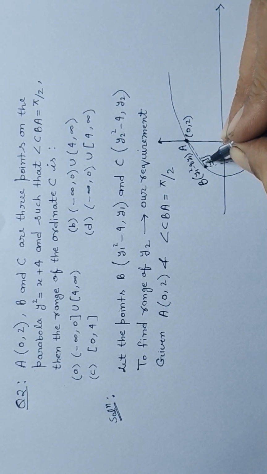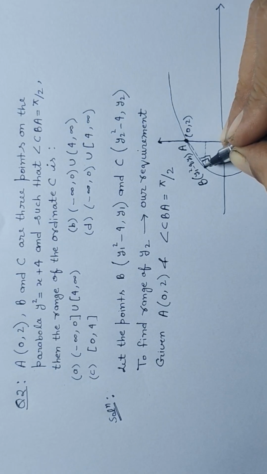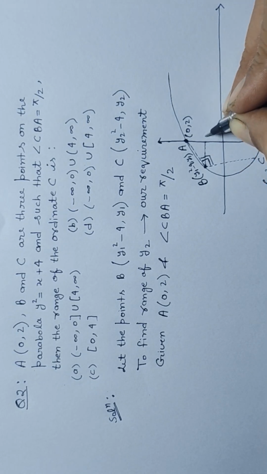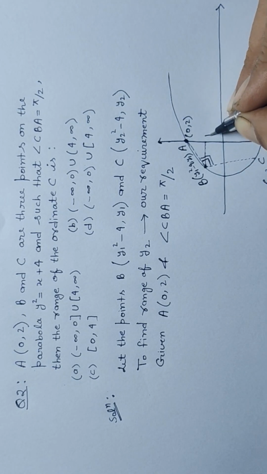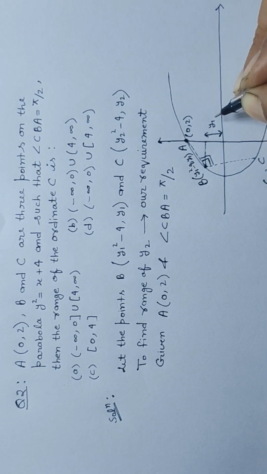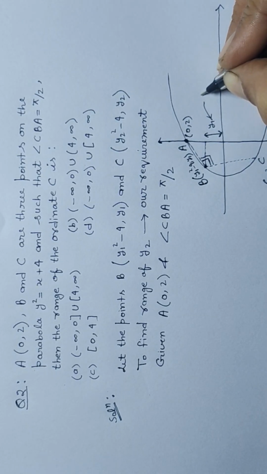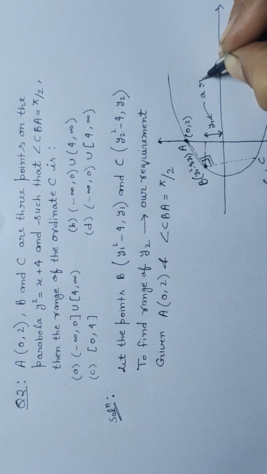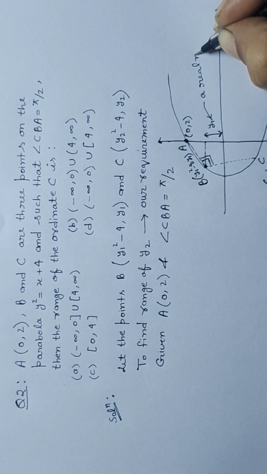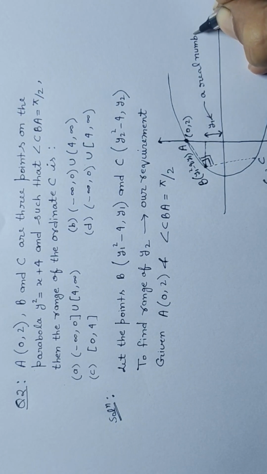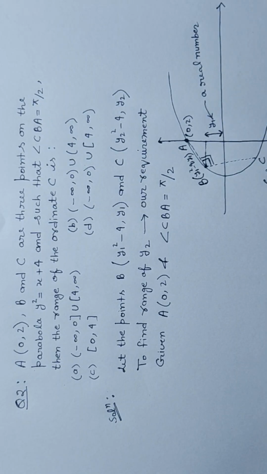Clearly, from the diagram, this is the ordinate y1, this is length y1, and y1 is a real number because this is length.